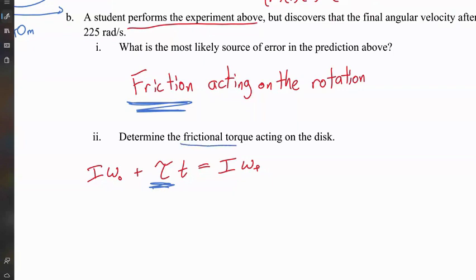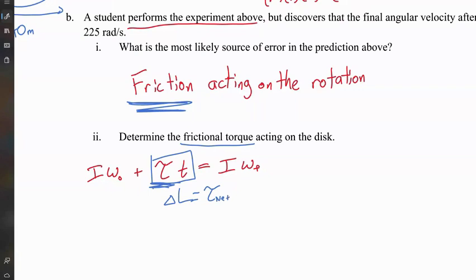You can see right there, there's no implication. It says it outright. There is a frictional torque. So this torque in our delta L, because remember this whole term came from delta L, is actually the net torque.